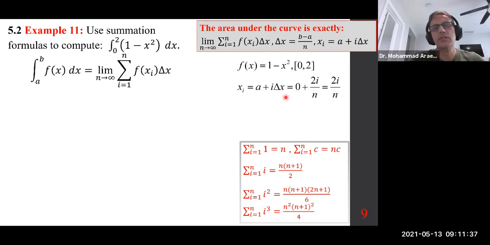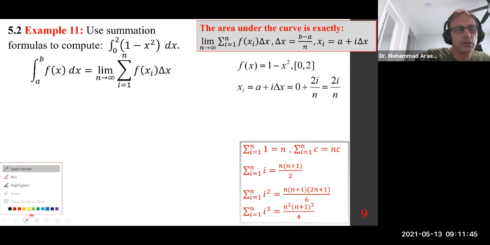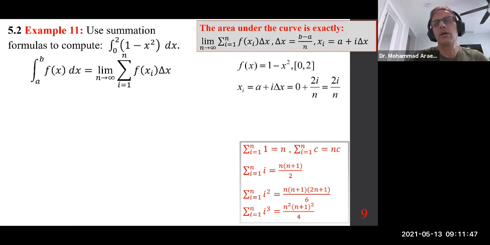I hope you see that from here, because a is 0, b is 2, and delta x is b minus a, 2 minus 0 over n.